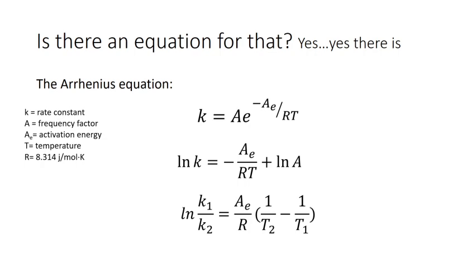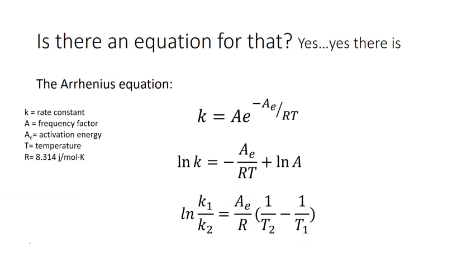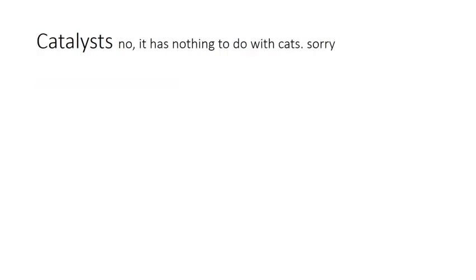You use those two temperatures to figure out the activation energy. You will have two rate constants that apply to two different temperatures, and you are able to calculate the activation energy that way. Okay, that is the equation.